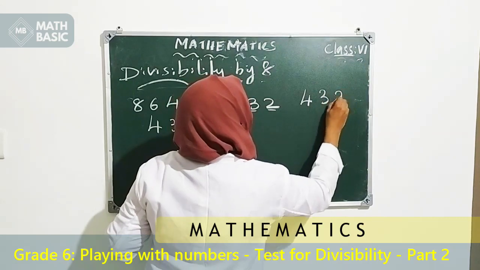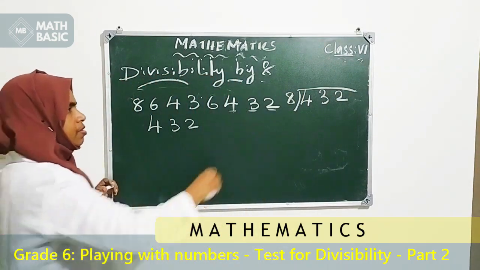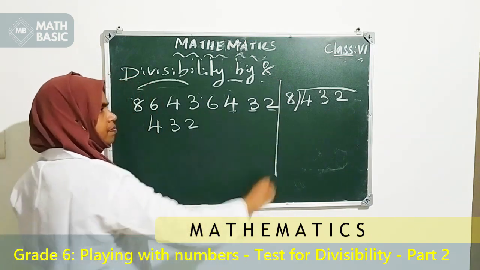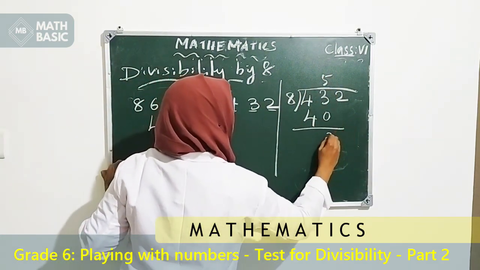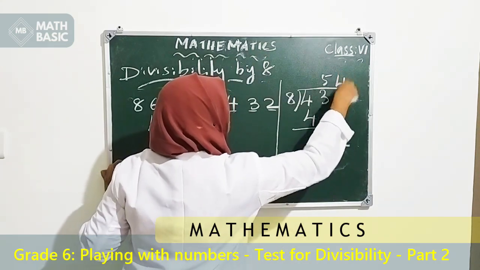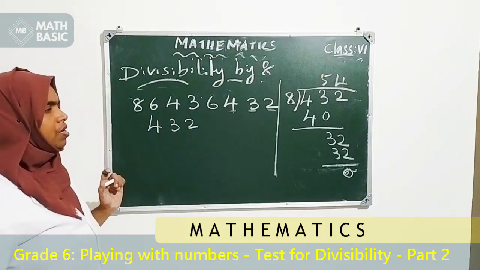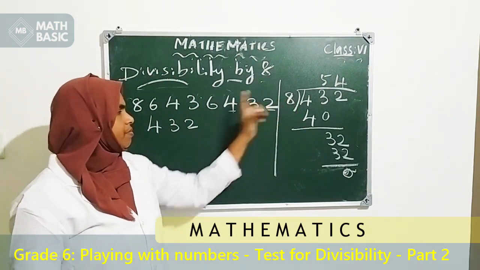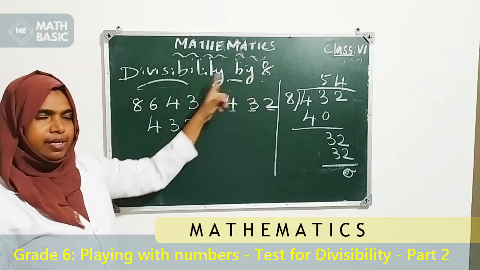Check whether 432 is divisible by 8 or not. See, 5 8s are 40, then 32, that is 4 8s are 32. The remainder is 0. So we can say that 432 is divisible by 8.